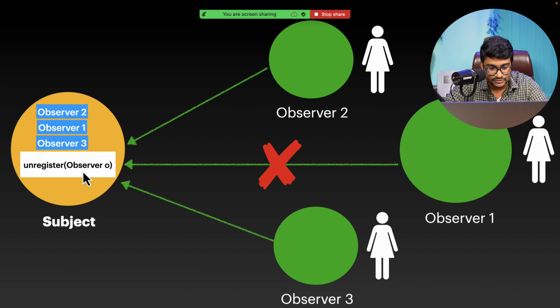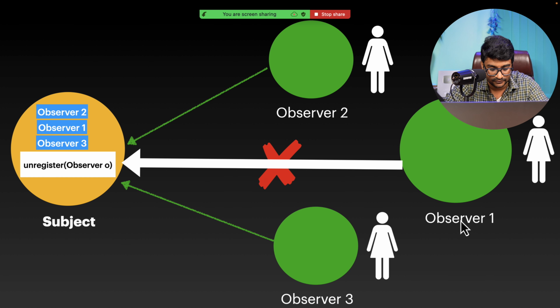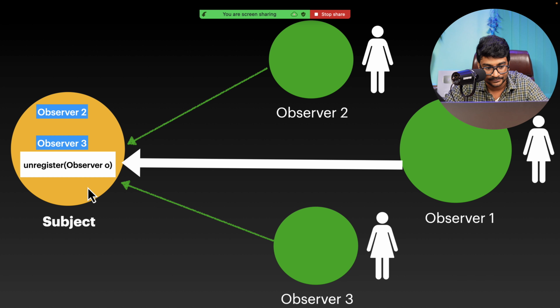Using this method, these observers can unsubscribe or unregister or remove themselves. They just need to pass their instance and make a call: subject dot unregister, and give this observer one instance. Once you give that, the subject will remove that specific observer from the list it is maintaining.